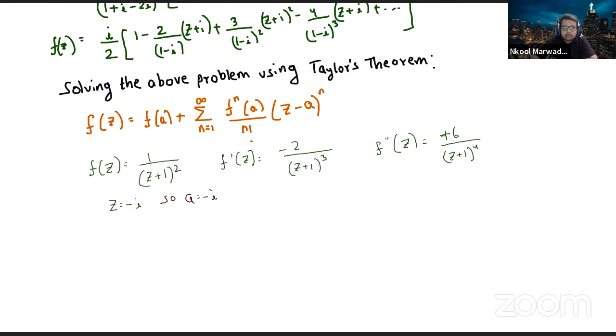So f of z will become f of a, that is f of minus i, plus summation of n equal to 1 to infinity, f to the n of minus i upon n factorial, into (z minus of minus i, that is z plus i) to the power of n.